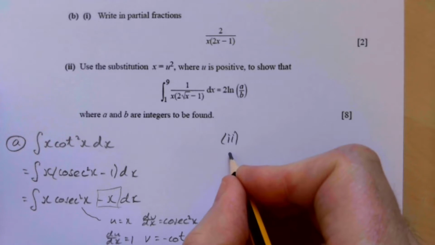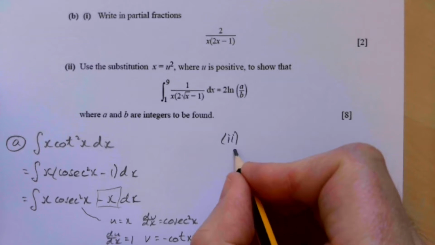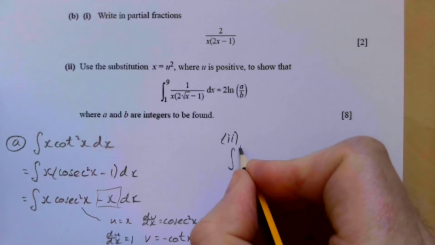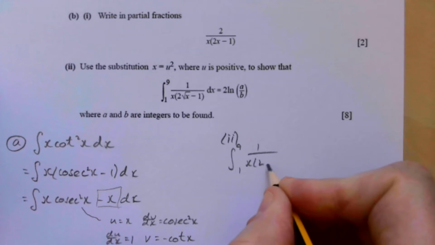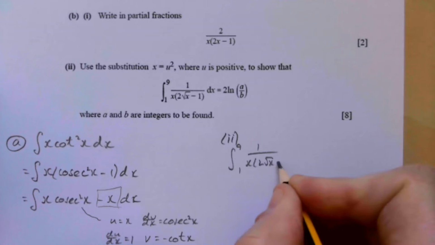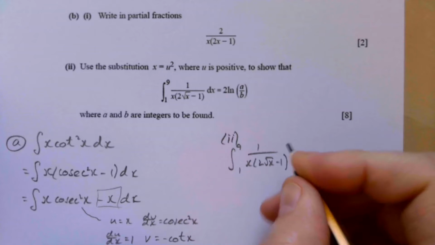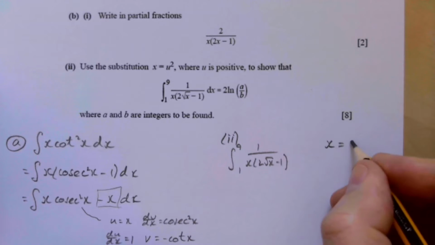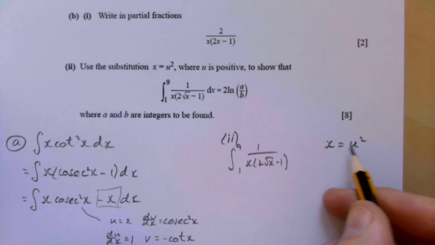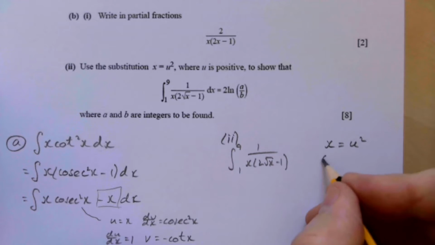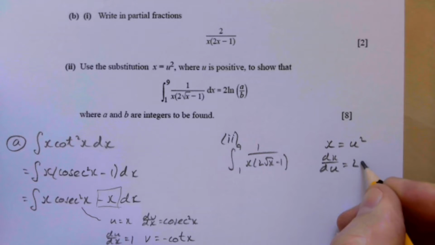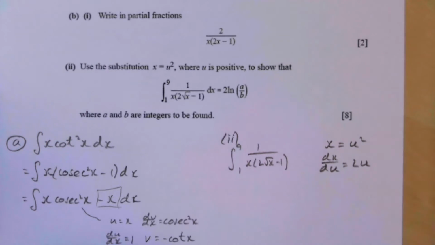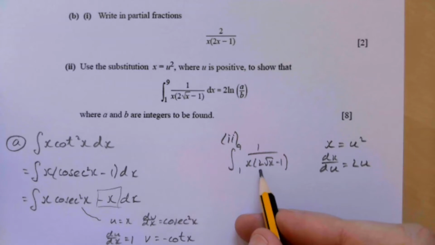So we are doing the integral between 9 and 1 over x upon 2 root x minus 1, and we're going to have x equals u squared. Quite often it's u equals something, but that's okay. So we have then dx by du, which is going to be 2u.